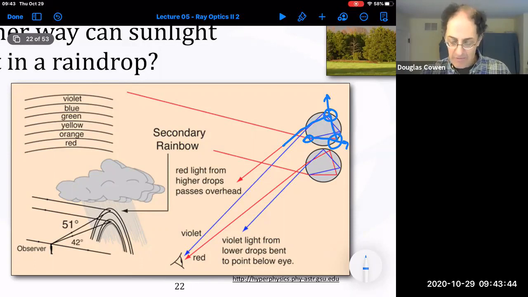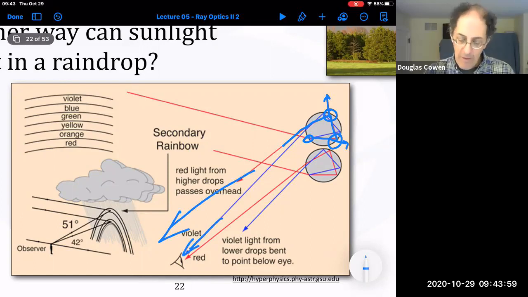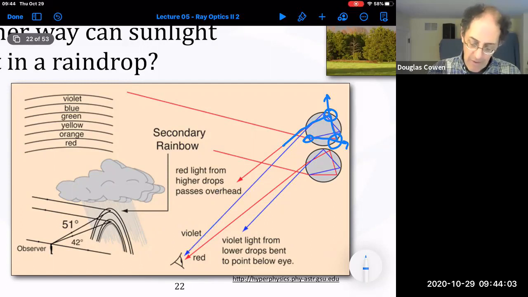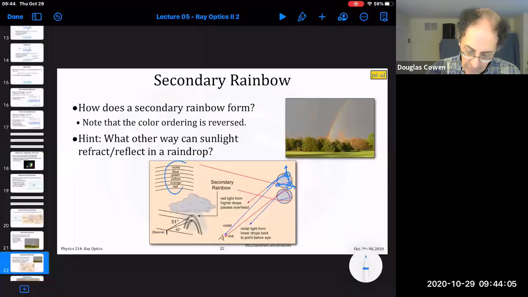But anyway, what you see is that the red light from the upper raindrops is going to come out above where you can see it. So you'll see the blue light from the upper raindrops, and vice versa for the lower raindrops. Consequently, the ordering of the secondary rainbow is just the reverse of the ordering of the primary rainbow for this reason.